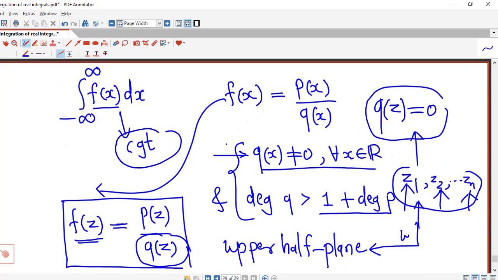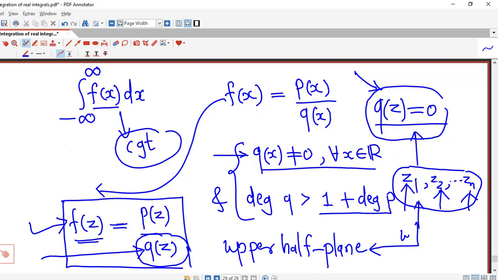After that we will consider the corresponding complex function, which is also a rational function. Then we will find the points z at which q(z) becomes 0, and those points will be the poles of f(z). Whatever zeros of q(z) we obtain, we will check which values among z1, z2, ..., zn are in the upper half plane.